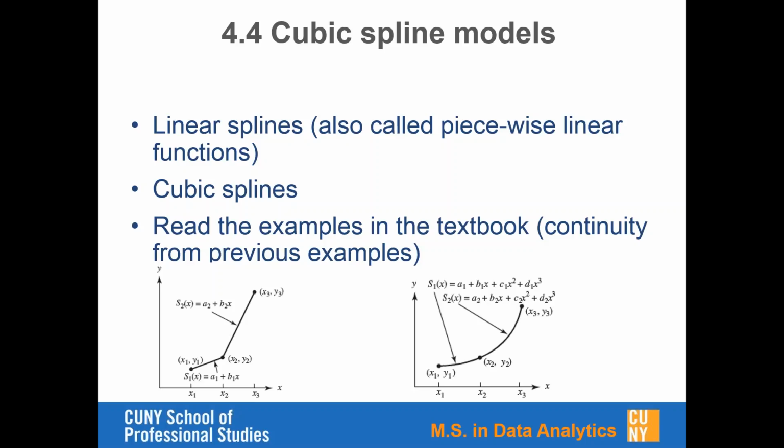In other words, if you look at scatter points, many times, after you think about removing some of the outliers, looking at the scatter points itself can already tell you something to test. And then cubic splines on the right, which is S1(x) equals a1 plus b1x plus c1x squared plus d1x cubed. And then read the examples in the textbook regarding this.